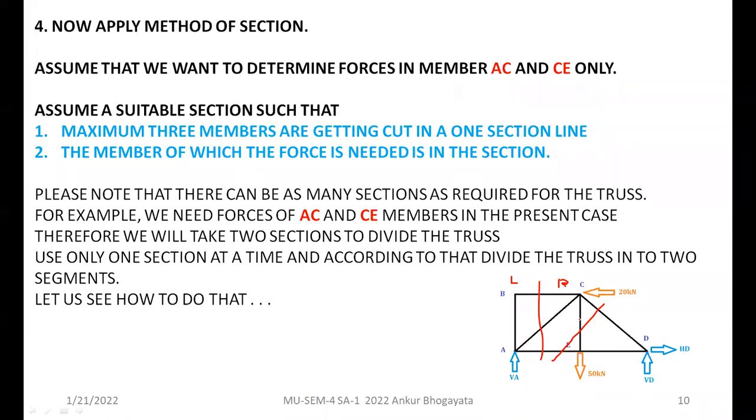Because for every individual member, you are free to use whatever type of section you want. But once you have used it, everything starts anew when you use a new section. So these 3 points are very important.